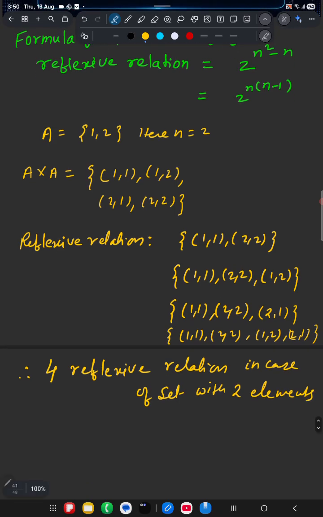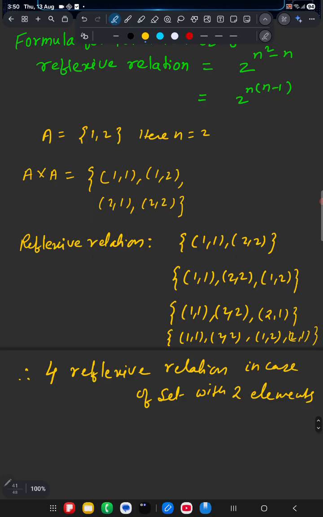Now if you go through this formula where n is 2, then 2 raised to the power n square minus n, that is 2 raised to the power 2 square minus 2, that is 2 to the power 4 minus 2, that is 2 power 2, and that is 4. The same will be true for the set containing 3 elements, the same formula.